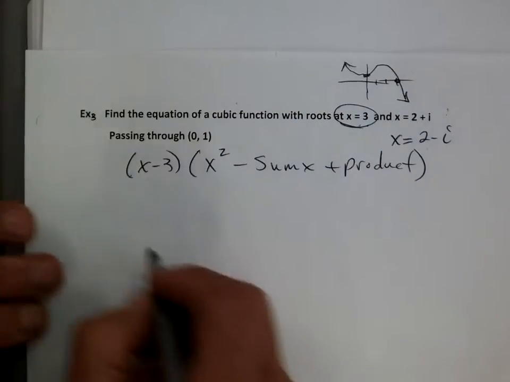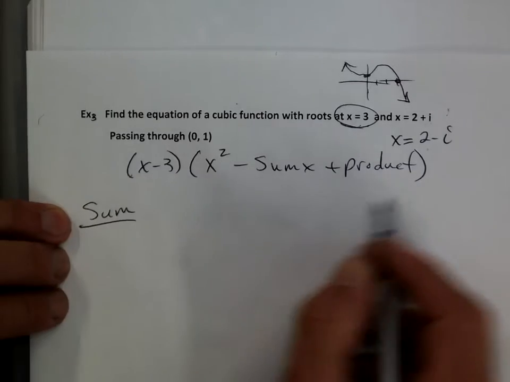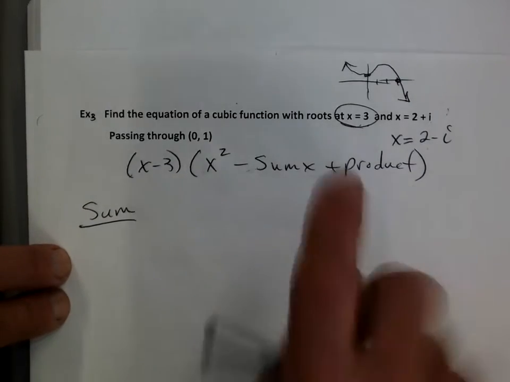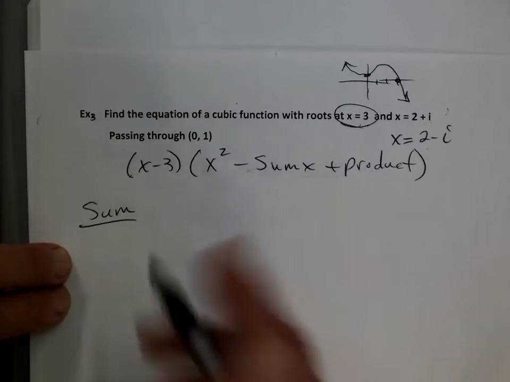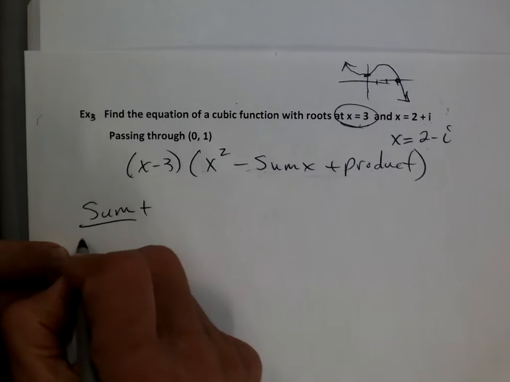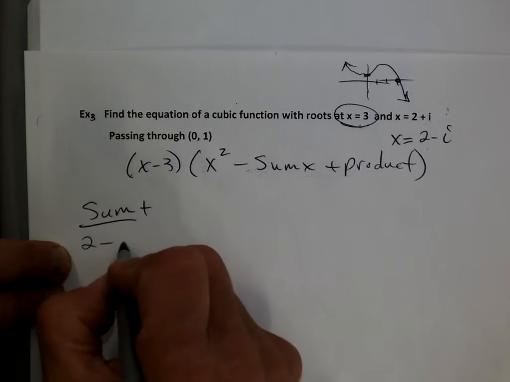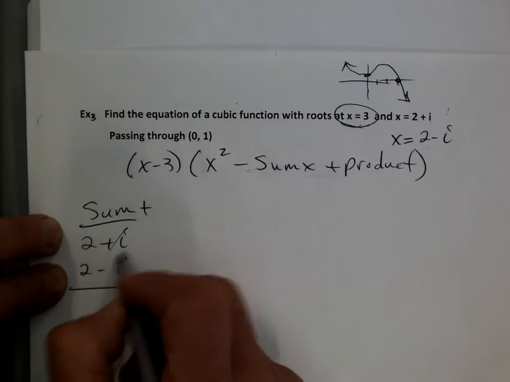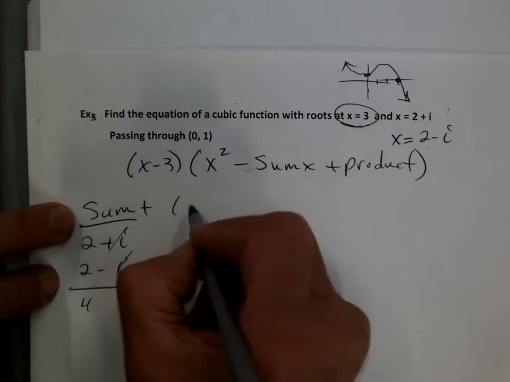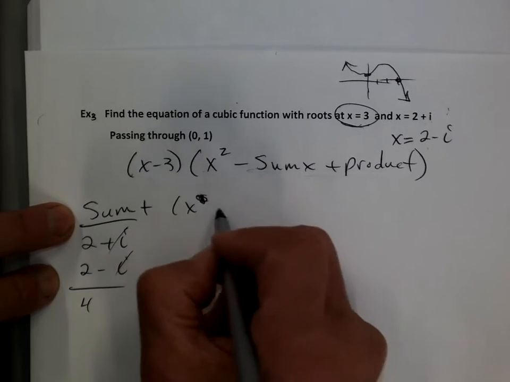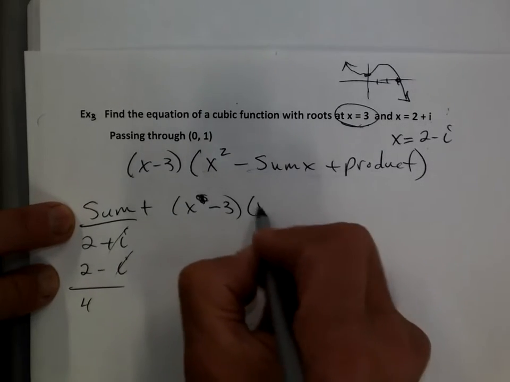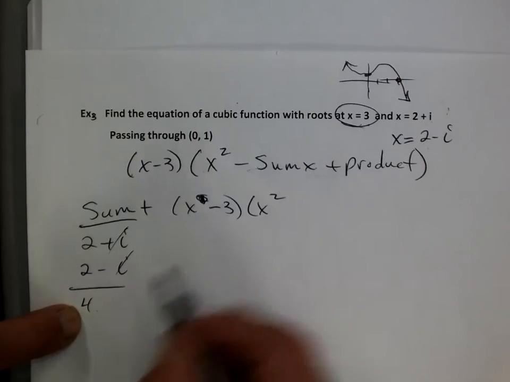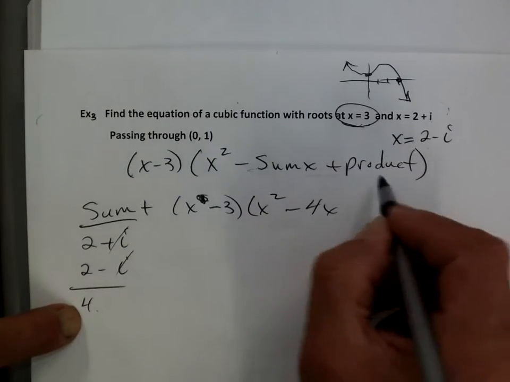I need to find out the sum, which is going to be to add. So I got a 2 plus i and a 2 minus i, and the sum of those, that's easy, is 4. So here we go. I got an x minus 3. I have an x squared, I put my 4 there, minus 4x, and then I need the product.